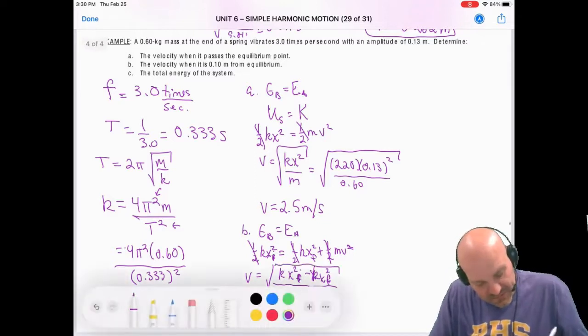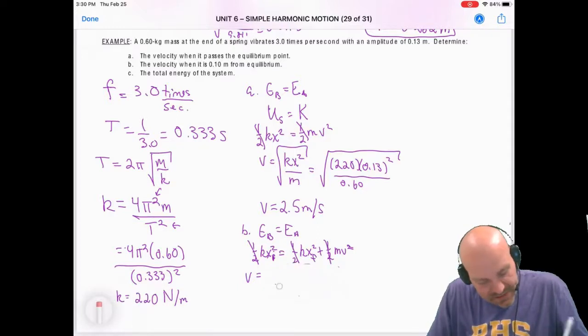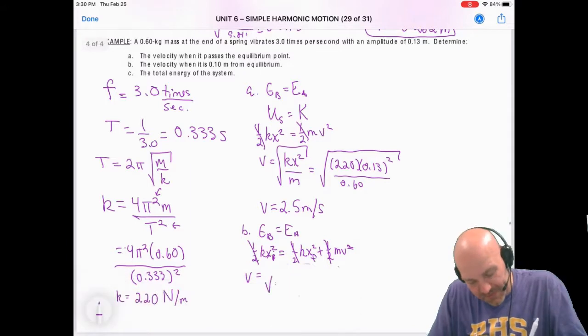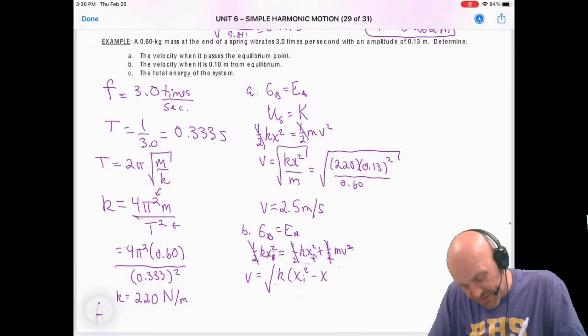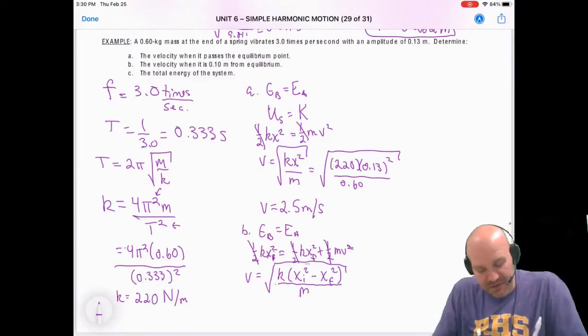Let me rewrite that. It's a little messy. Okay, so it's going to be the square root of k. I'll factor it out. x initial squared minus x final squared, divided by the mass. So it kind of looks like that kx² over m, but we have initial minus final.